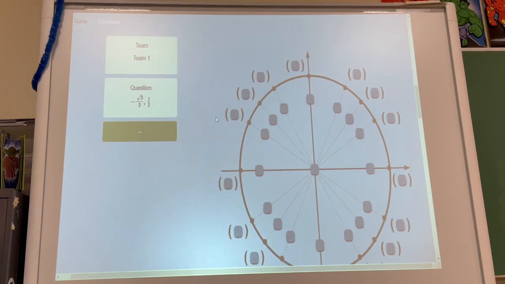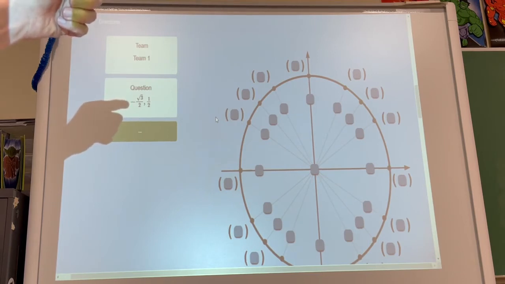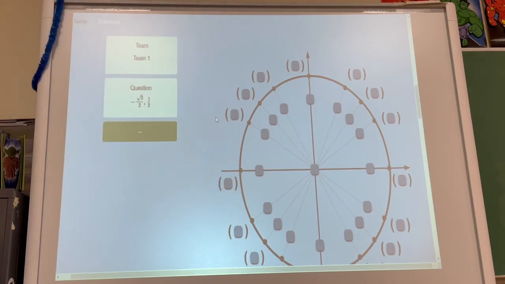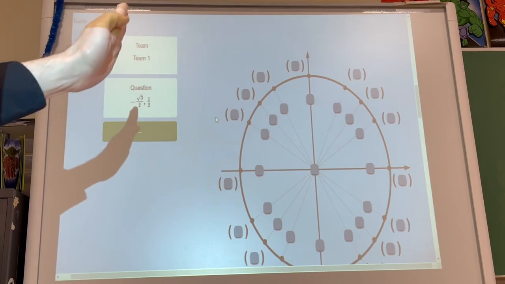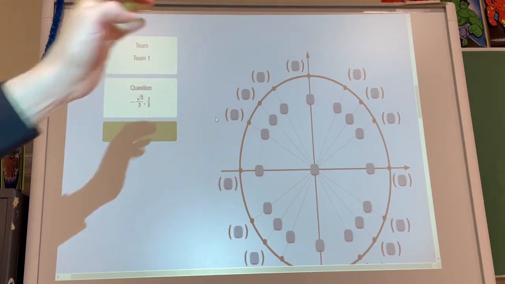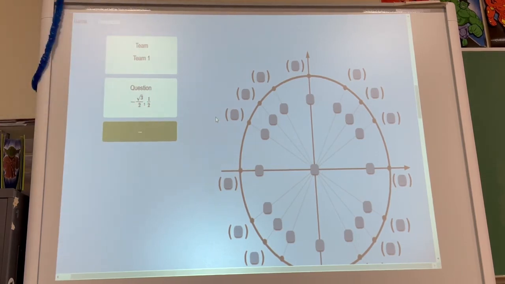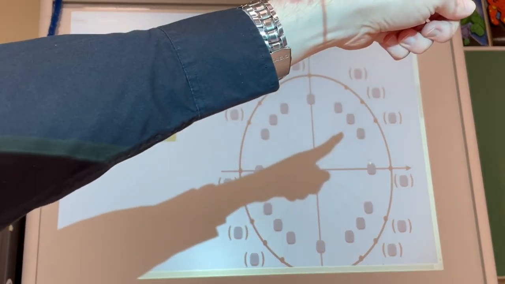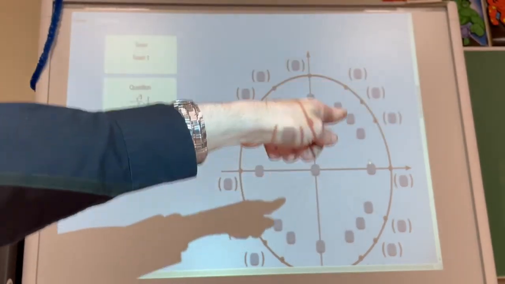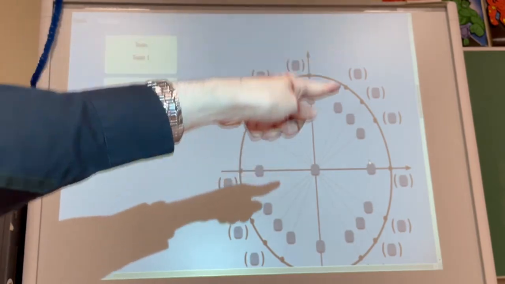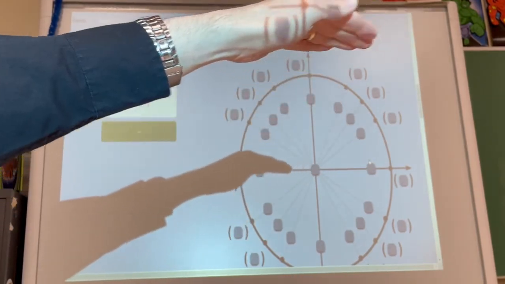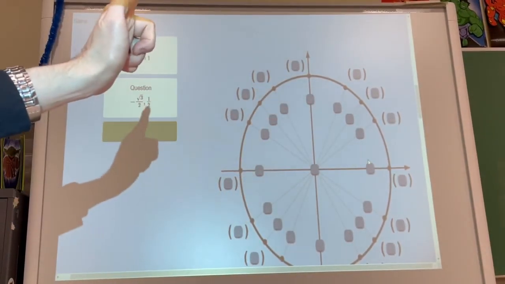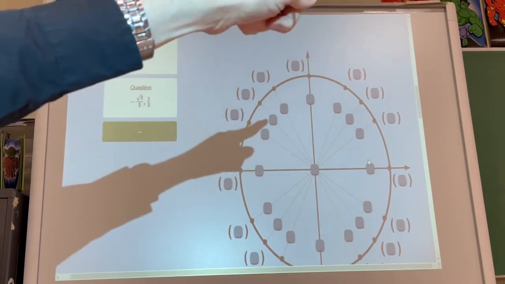Oh, cool. First question, negative radical 3 over 2 and 1/2. So I've got to think, where is cosine negative, sine positive? Where is cosine negative? Let's see, cosine's positive here, positive here. So cosine's negative in these two because my x is negative. Where is sine positive? Sine's positive here.